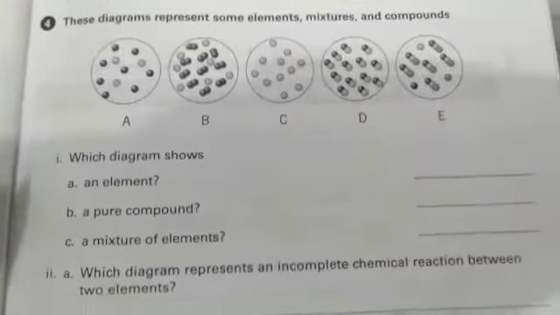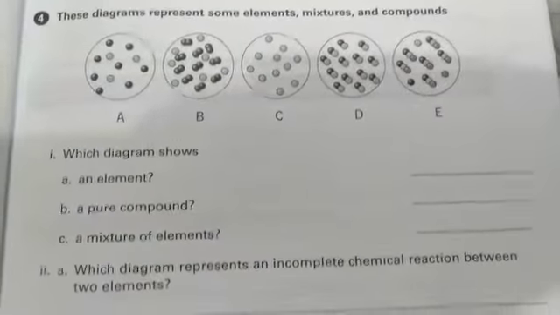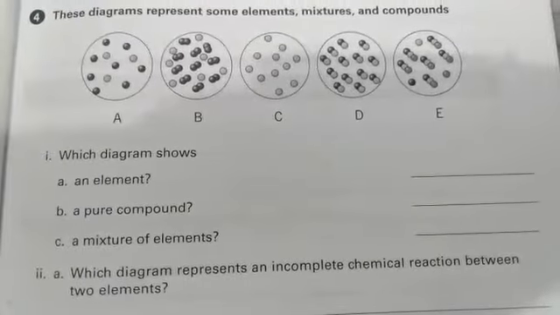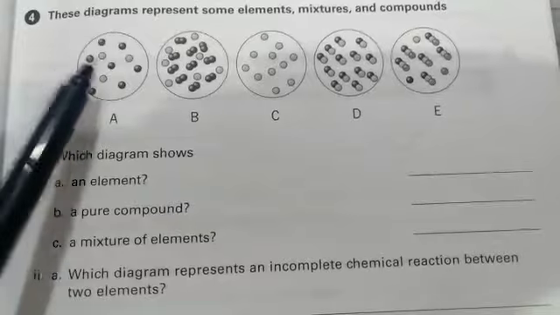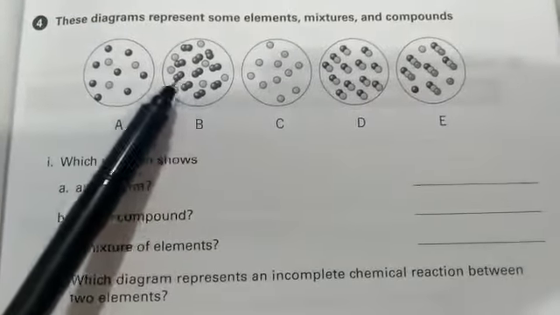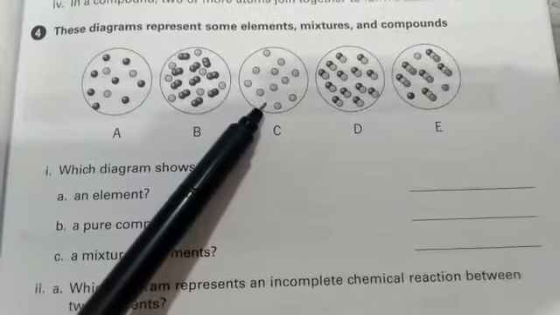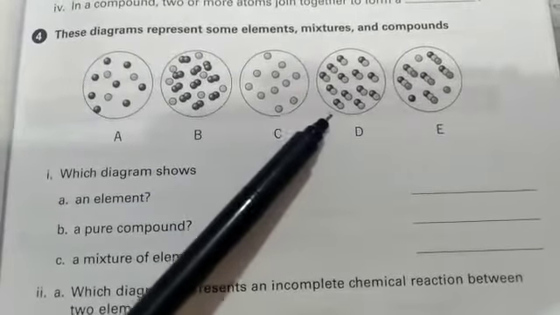Question number 4. These diagrams represent some elements, mixtures and compounds. This is diagram A. It shows two types of elements. This is B. It also shows a chemical reaction. C shows one type of element only. D, compound.